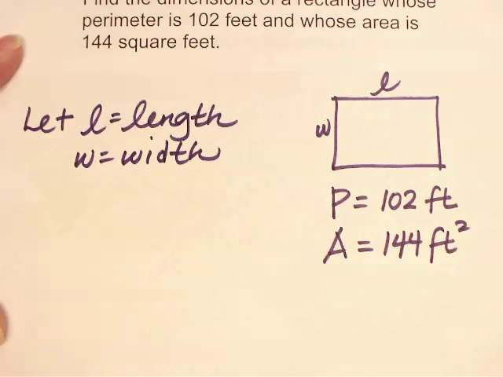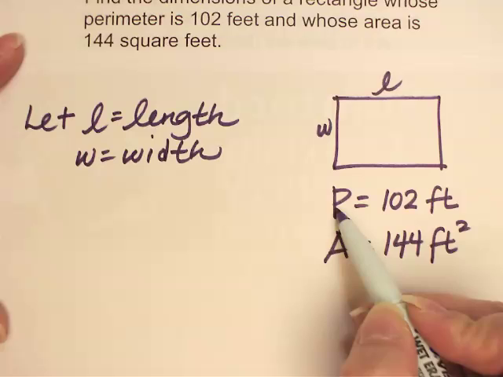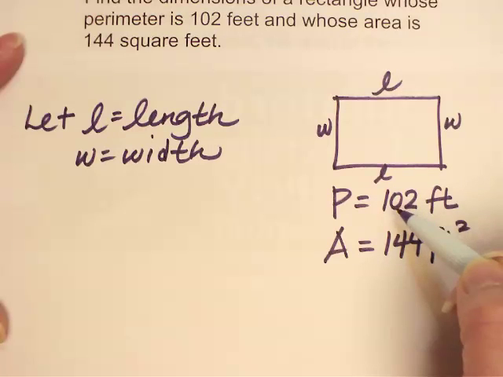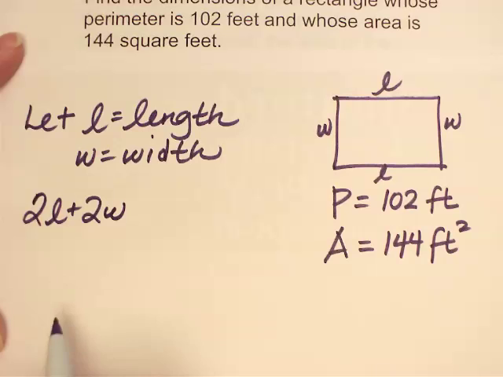I can also define at this time what my perimeter and my area are based on the formulas that I know. The formula for perimeter on a rectangle is 2 widths plus 2 lengths, also known as 2L plus 2W. And this perimeter happens to be 102 feet.